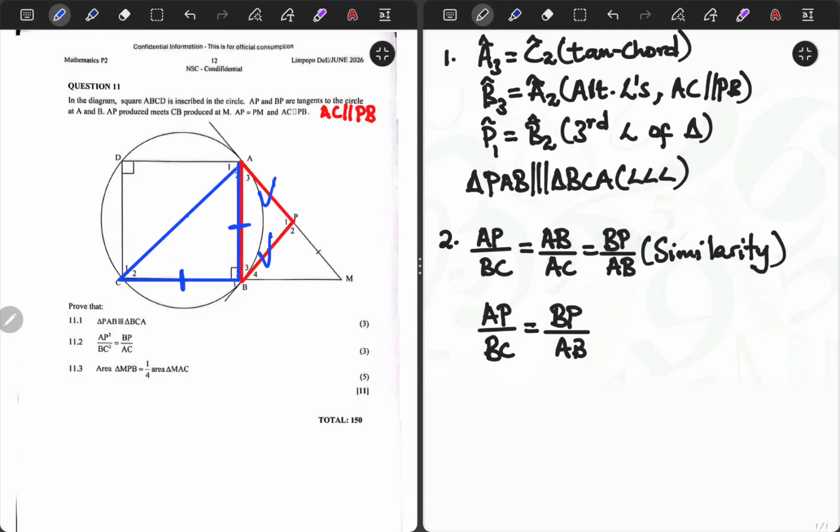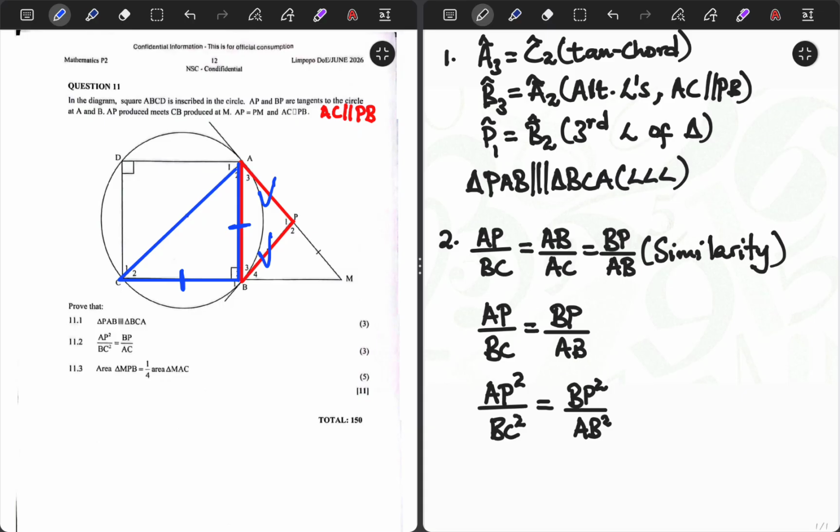We can square this. When we square, we get AP squared over BC squared, and there we're going to get AB squared. So this is what we have so far.